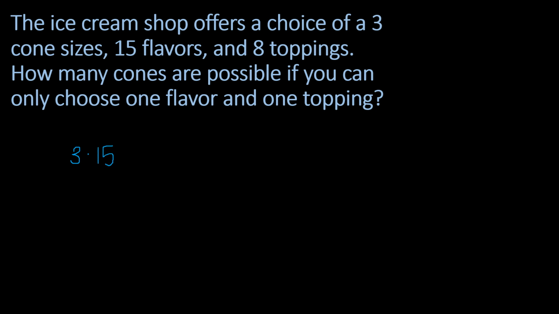And I can only have 1 flavor, so I've only got 1 spot to put flavors. And 8 toppings. I can only have one topping, so 8's only going to go in one spot. Okay, so 3 times 15 times 8. When we multiply those together, we get 360. So there are 360 possible combinations we can make at this ice cream shop.